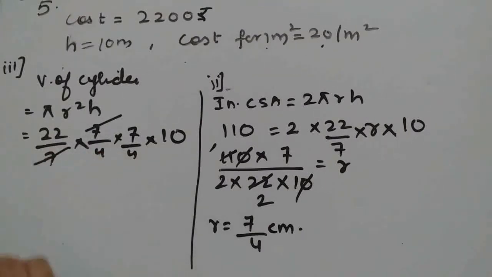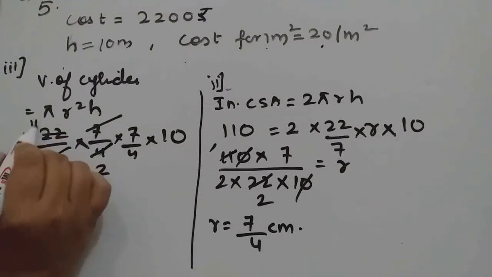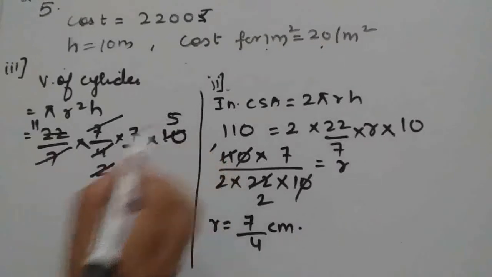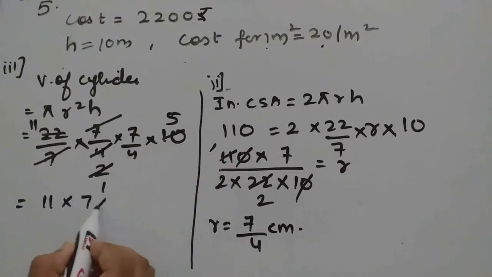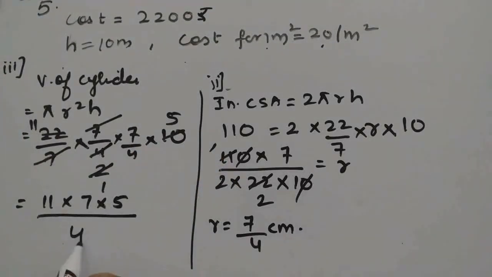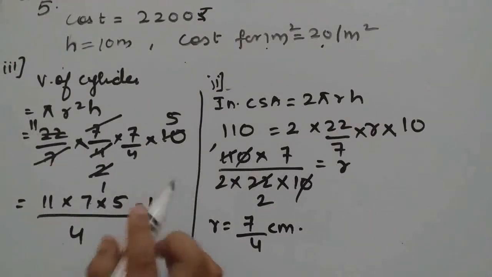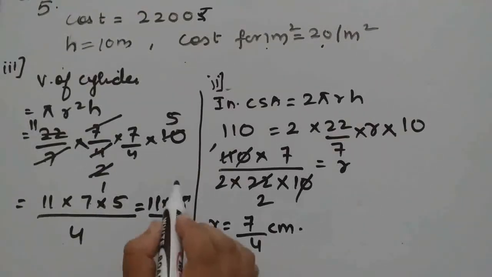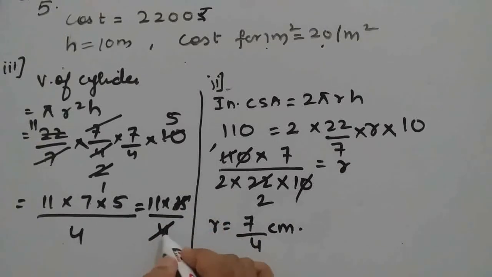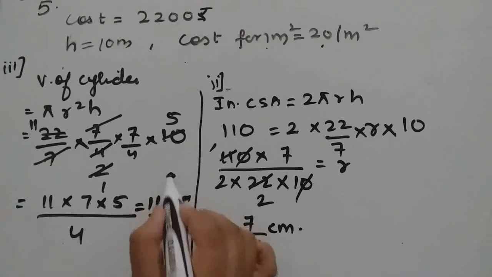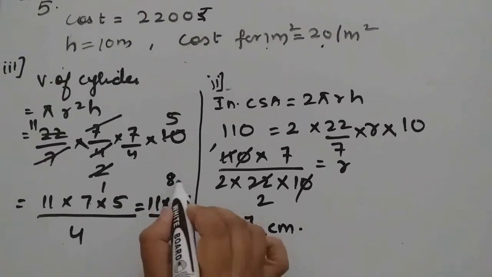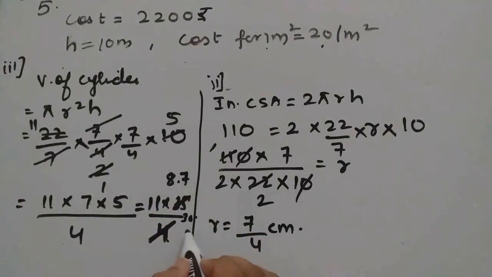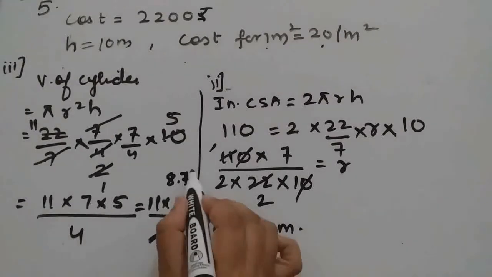So 1 7 will go, 2 elevens are 22, 1 2 will go, 5. So 11 into 7 into 5 divided by 4. Okay, so what we can do, we can multiply 11 into 35 divided by 4. So we divide by 4. 4 8s are 32, 3 will remain, then 4 7s are 28, so 2 will remain, then 4 5s are 20.